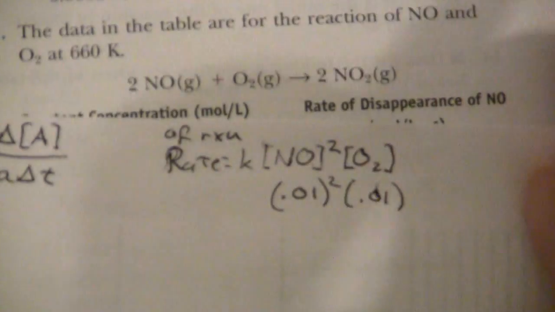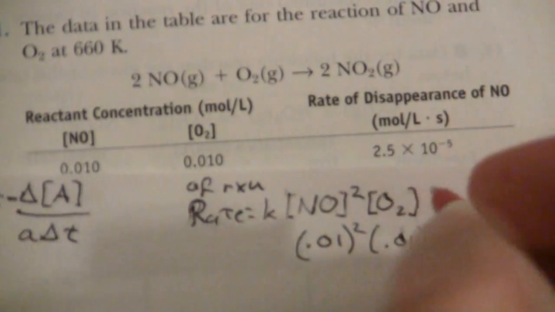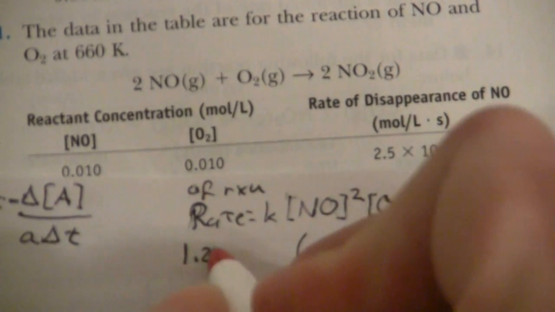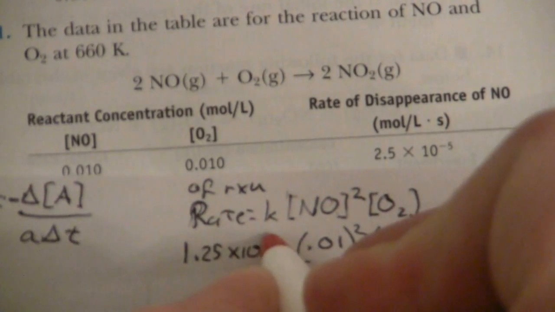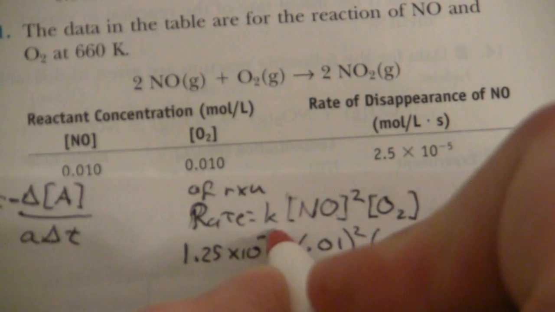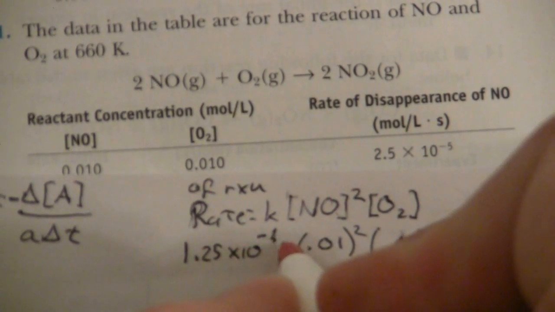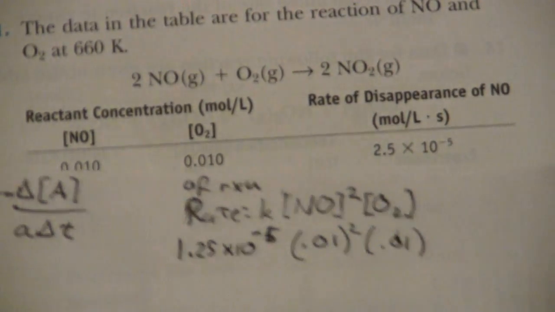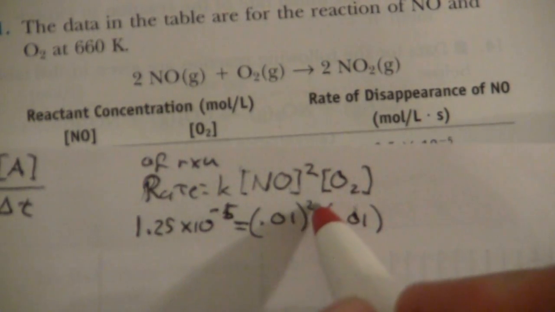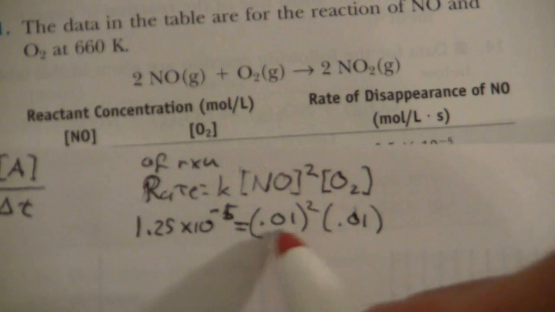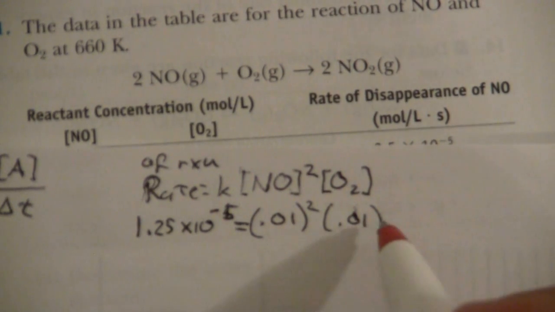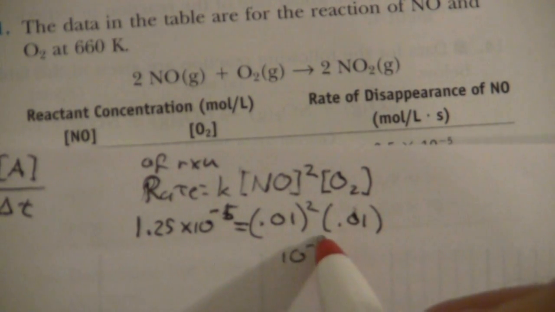So our rate, instead of being 2.5 times 10 to the minus 5, is going to be 1.25 times 10 to the minus 5. So if we do that, 0.01 times 0.01, this is 10 to the minus 2, so that'd be 10 to the minus 4, and then another 2 would be 10 to the minus 6.